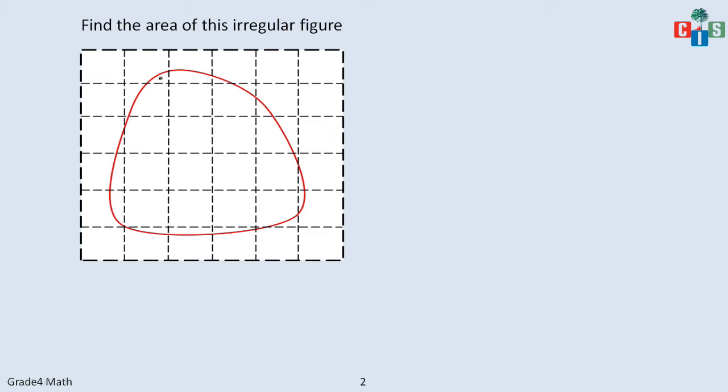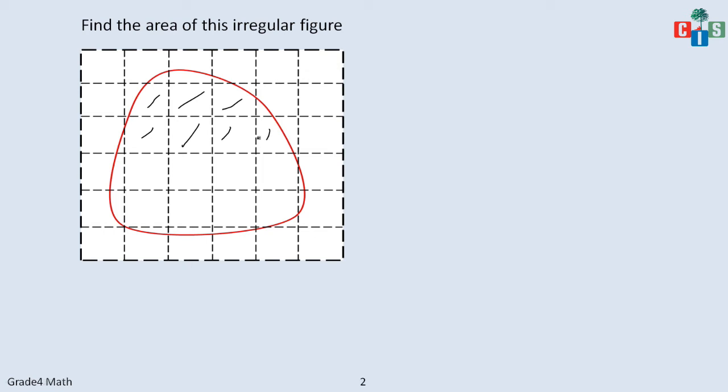Okay, so let's begin. See this one on the top left, this is less than half, so I am not going to consider it. This is also less than half, not going to consider. And this is also less than half, so I'm not going to consider. Now this is 1, this is 2, 3, this I'm not going to consider, 4, 5, 6 and 7.